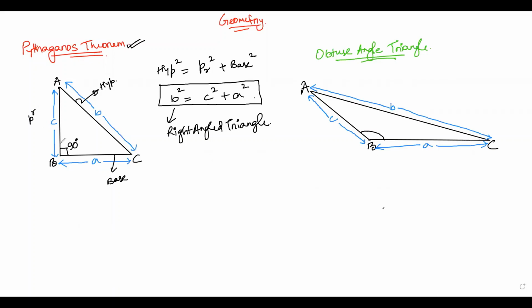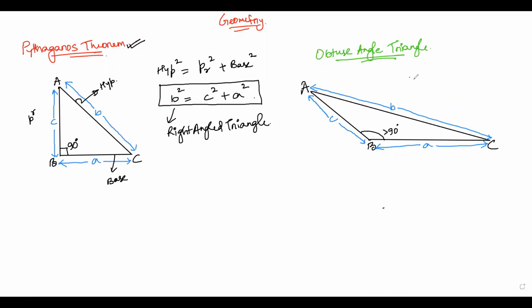Now say if we increase this angle to more than 90 degrees, such that angle B is greater than 90 degrees, in that case this triangle would be an obtuse angle triangle, where B would be the longest side of the triangle. In that case, B square won't be equal to C square plus A square.